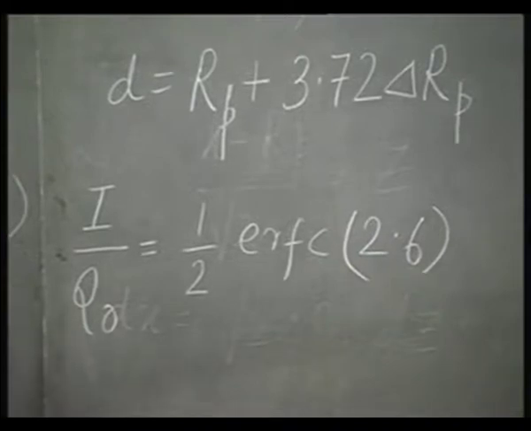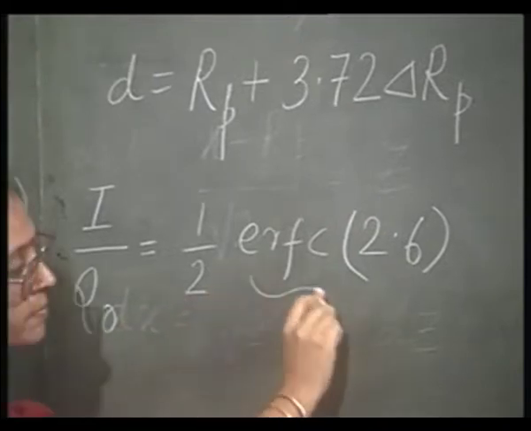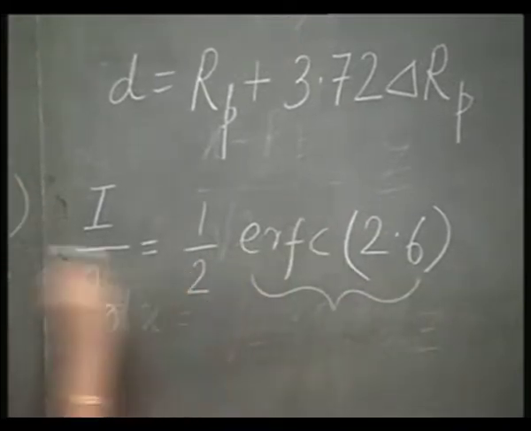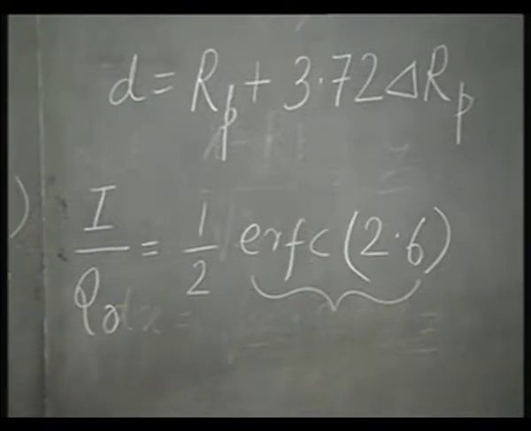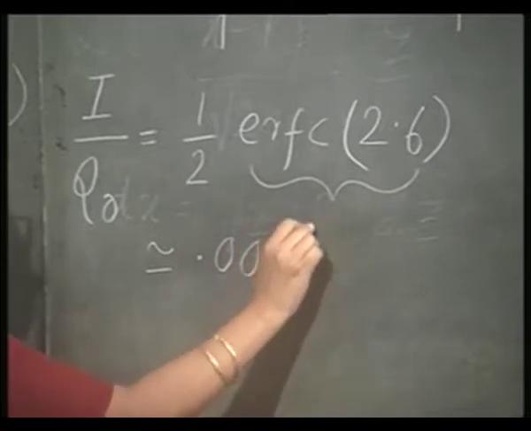And you can verify from the error function table that this multiplied by half will work out to be about 0.0001.